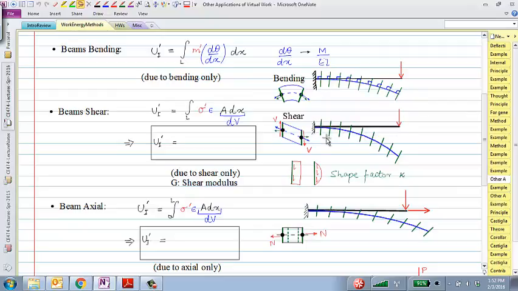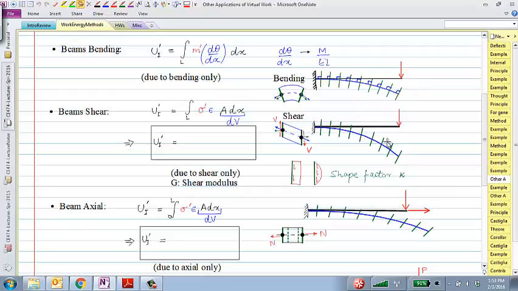However, if the beam is a deep beam, then adjacent cross sections will indeed have shear acting between them, and these sections will slide relative to each other, and the displacement would be a little bit more than what you had for the pure bending case.